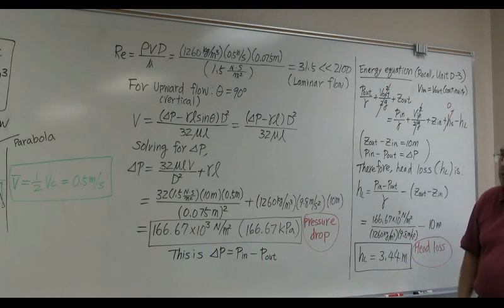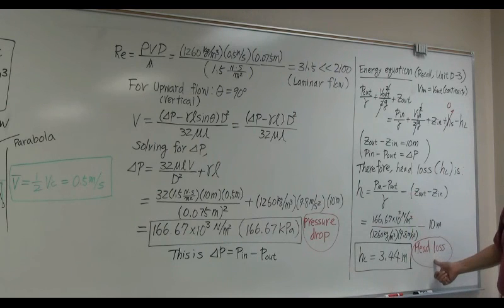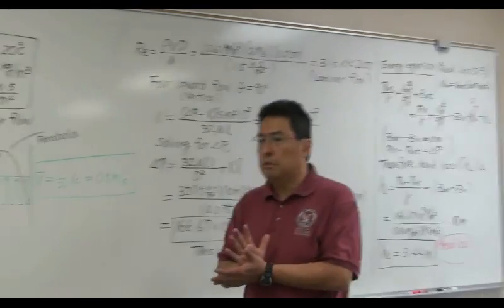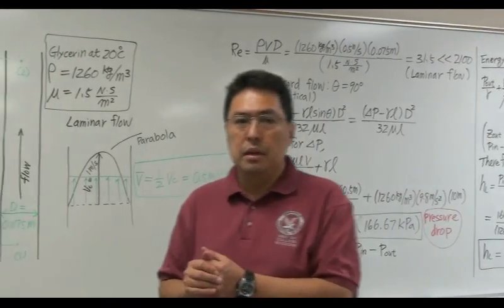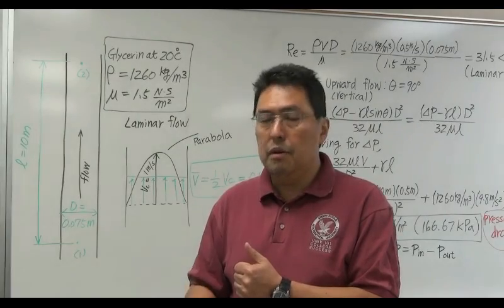So obviously in unit F, our major concern is how can we minimize this head loss? If we achieve a small head loss in a pipe system, it is going to save lots of energy, tons of energy. So the major concern usually for pipe flow design is how can we minimize the head loss. Okay? So we're going to take a look at it in unit F1, F2.